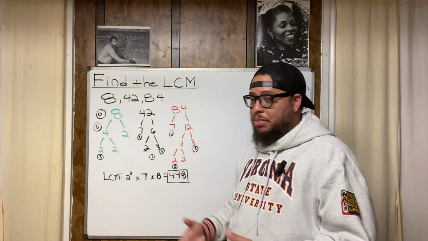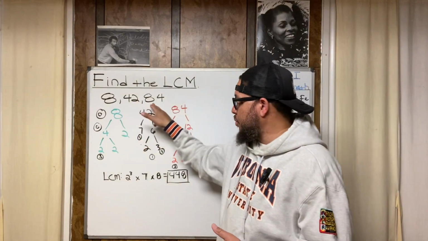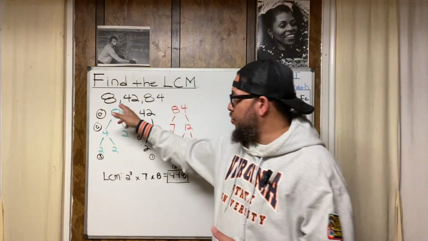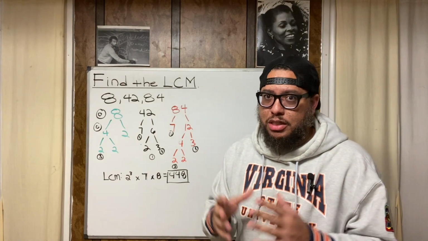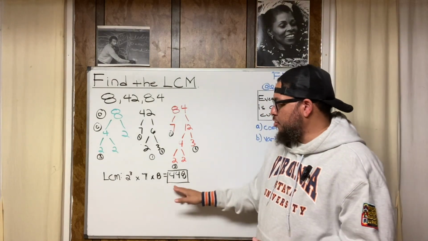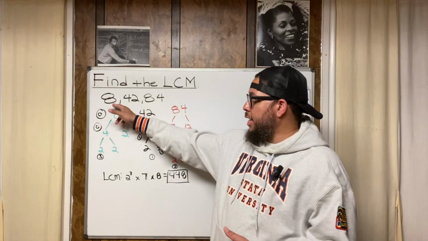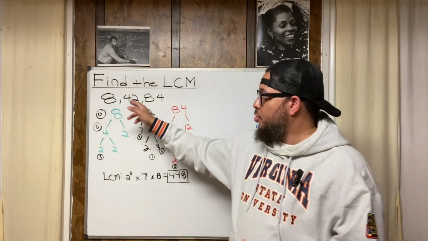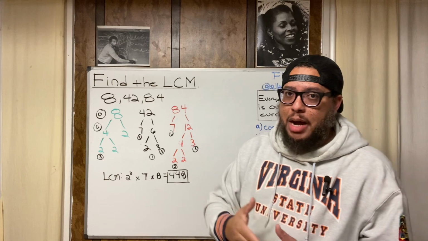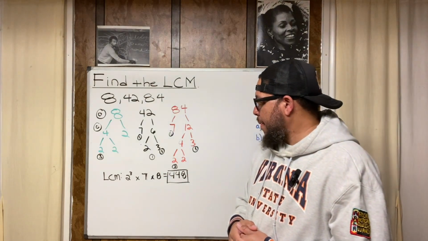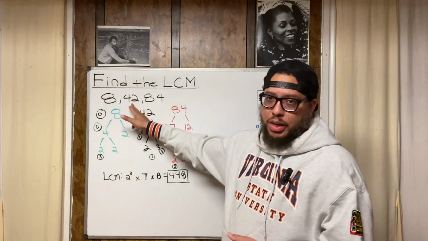There's certain places that's convenient for only one person. There's certain places that's convenient for two of the people. But in order to find the place that's convenient for all three people, it's the number 448, because 448 is the smallest number that 8 can multiply into, 42 can multiply into, and 84 can multiply into by multiplying them by a whole number, right? 8 can go to 400, but 42 can't.